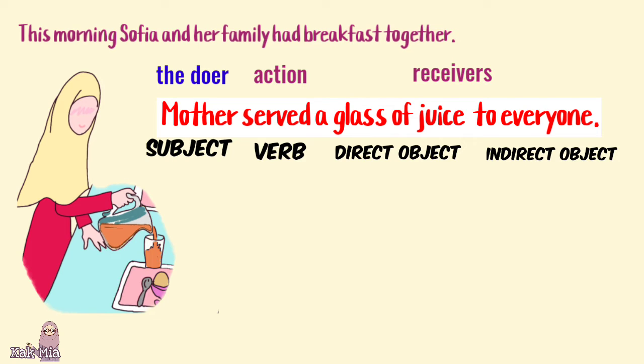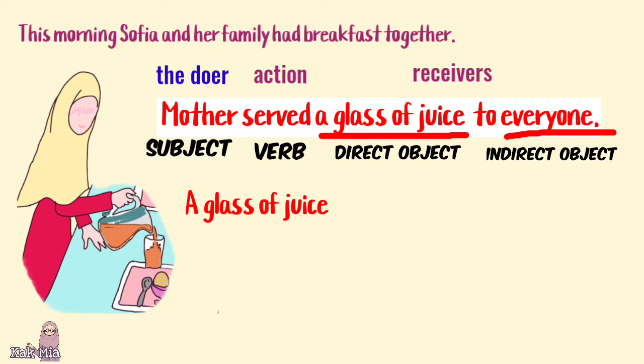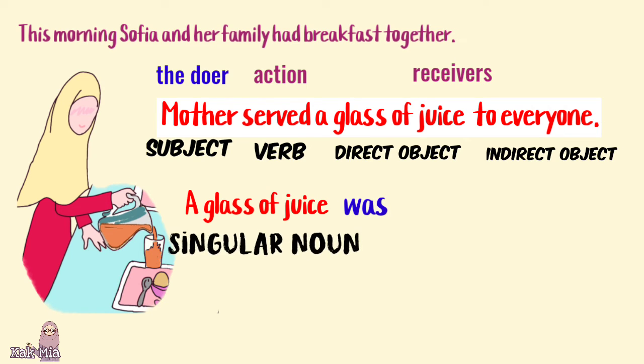To change this sentence into its passive voice, you can choose any objects you want. Let's try the first one, a glass of juice. So, write down a glass of juice. Then, write down the suitable to be, was. We use was because a glass is a singular noun.